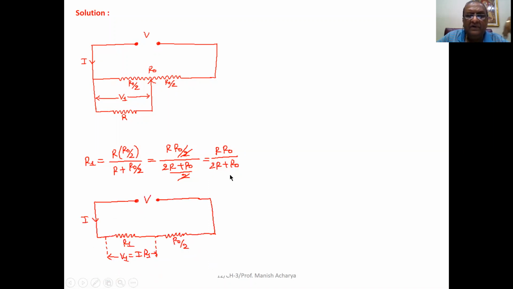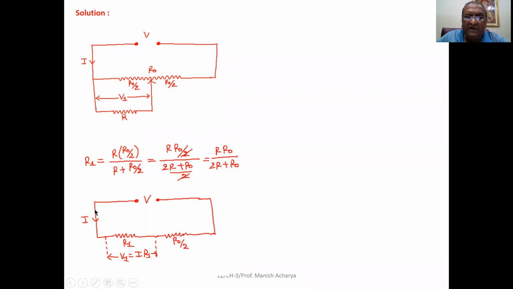Now the equivalent circuit will be with resistance R1 as shown in this figure. We supply voltage, and resistance R1 means this parallel combination of R0 by 2 and R is replaced by resistance R1. This R0 by 2 stays as it is, and the loop is completed.